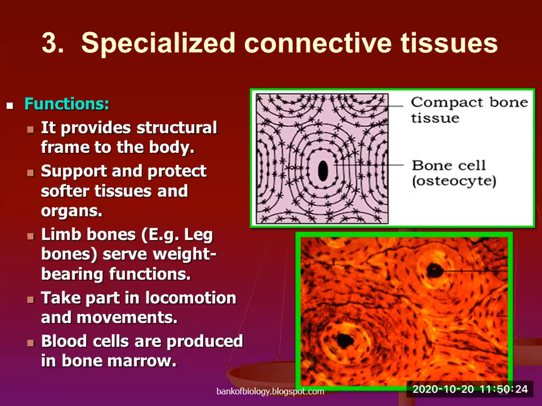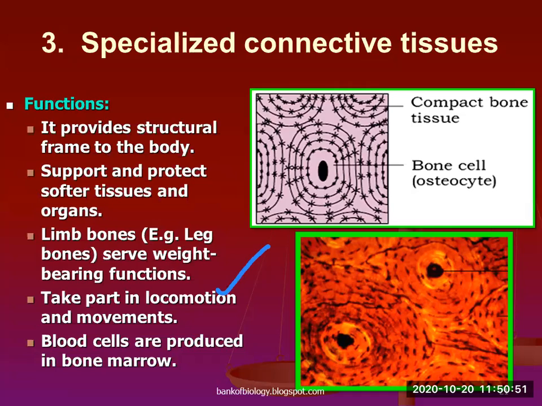It provides structural frame to the body, supports and protects the softer tissues and organs. The limb bones, leg bones we say, serve weight bearing function and take part in locomotion and movement. Blood cells are produced in bone marrow.